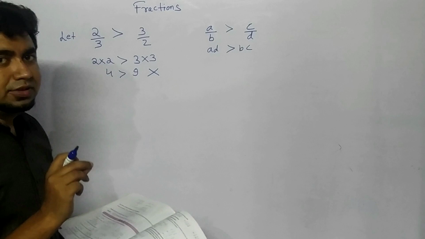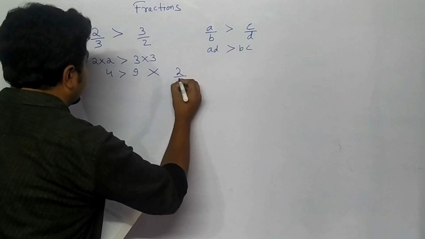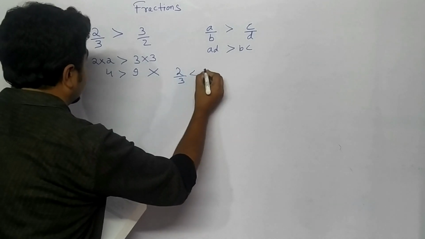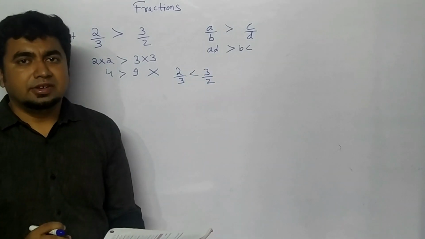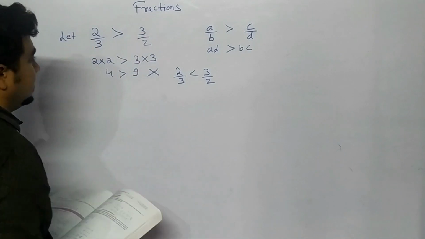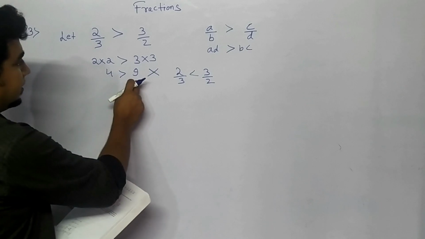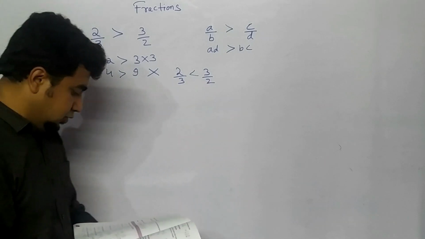Is it clear? This is incorrect, which means you can say that 2 by 3 is less than 3 by 2. Our assumption was incorrect. We assumed that 2 by 3 is greater than 3 by 2, but we got 4 is greater than 9, which is incorrect, so 2 by 3 is less than 3 by 2.